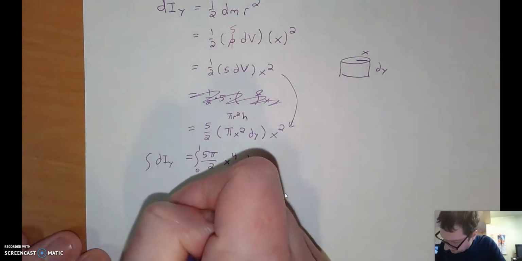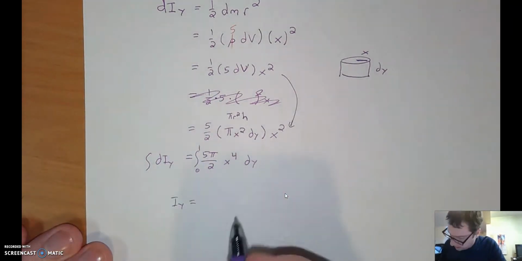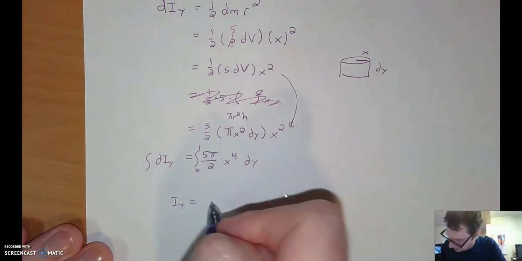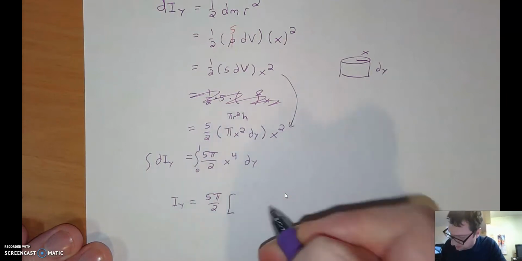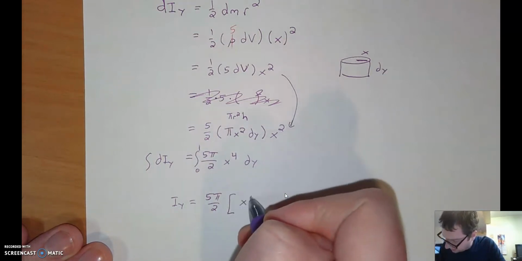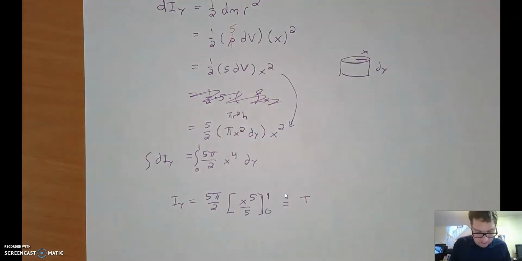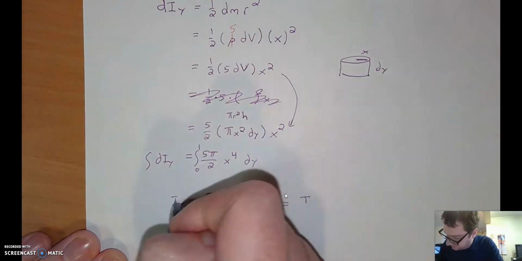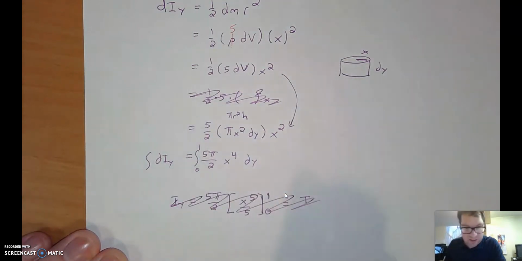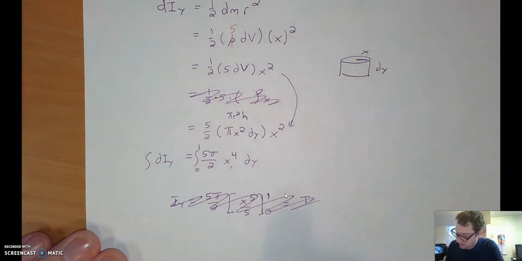So we do that. We get that I_y is equal to 5 pi over 2, so that part just pops out, it's a constant, and we get x to the 5th over 5 from 1 to 0. Oops, that is an x, not a y. Sorry about that. So we have to make this into a y before we can do anything.